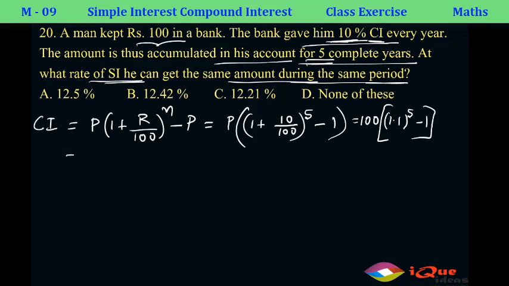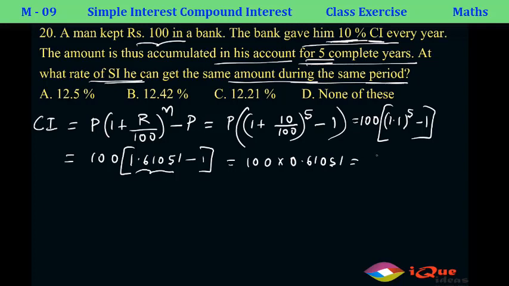Now here there is a slight difficulty that you have to calculate 1.1 to the power 5, which is equal to 1.61051 minus 1. Even if you calculate with slight approximation, it is fine. This will come out to be 100 into 0.61051, which is equal to 61.051 rupees. So this is the total compound interest for 5 years.